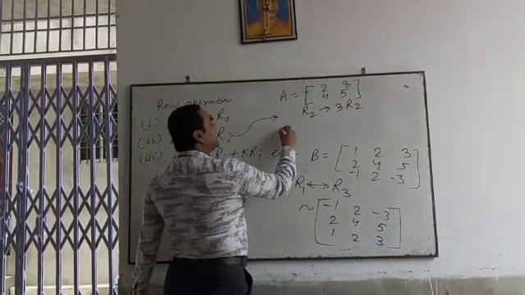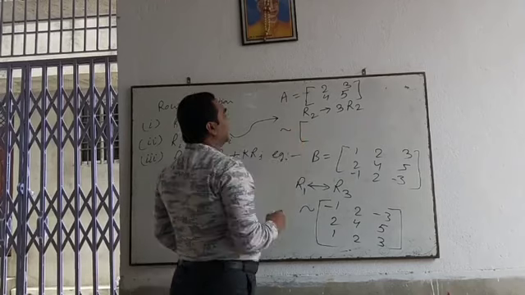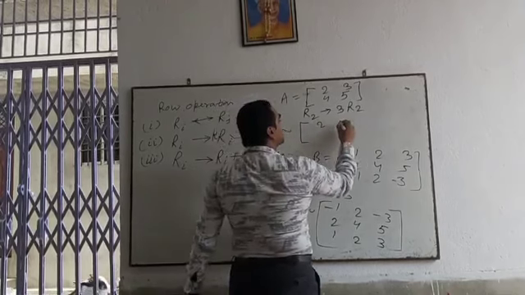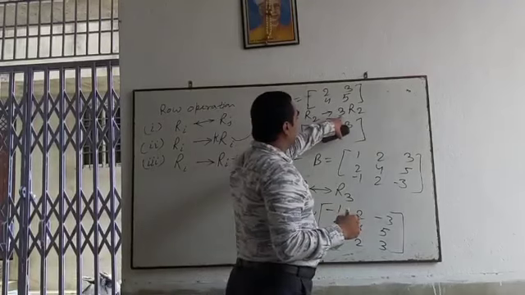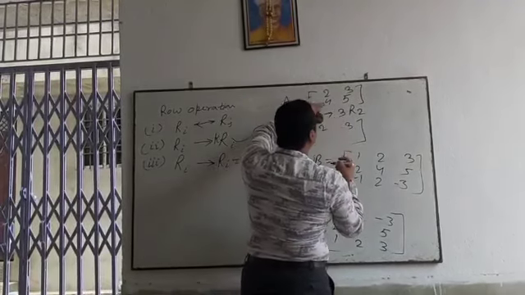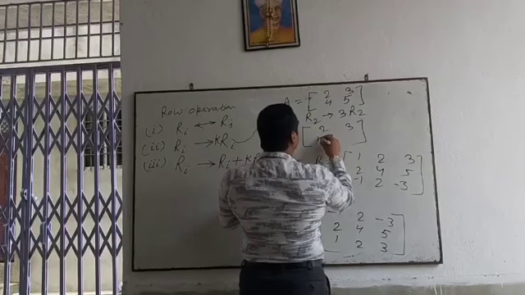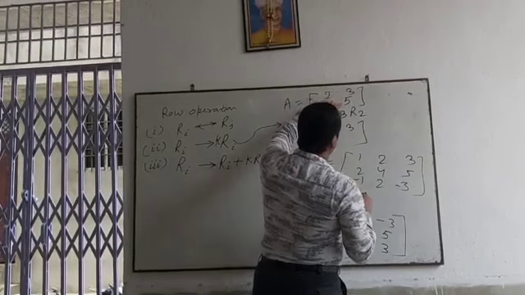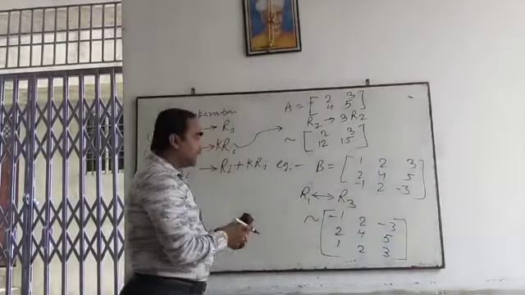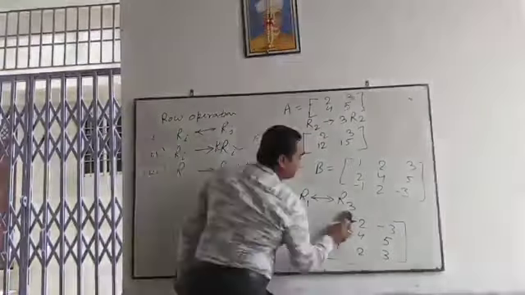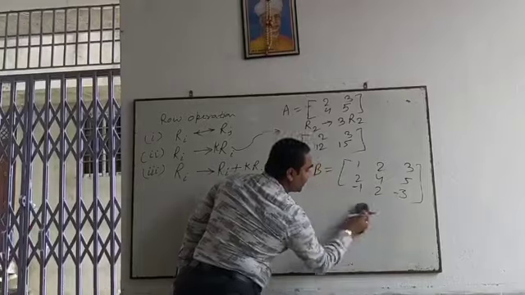Then the equivalent matrix so formed, R1 has no change. In R2 we have multiplied by 3, so it becomes 4 into 3, that is 12, and 5 into 3, that is 15.